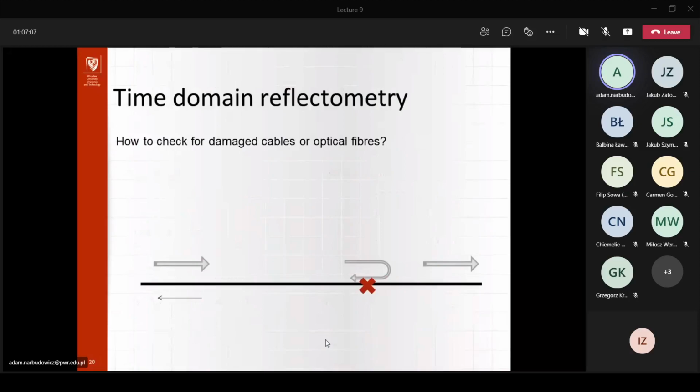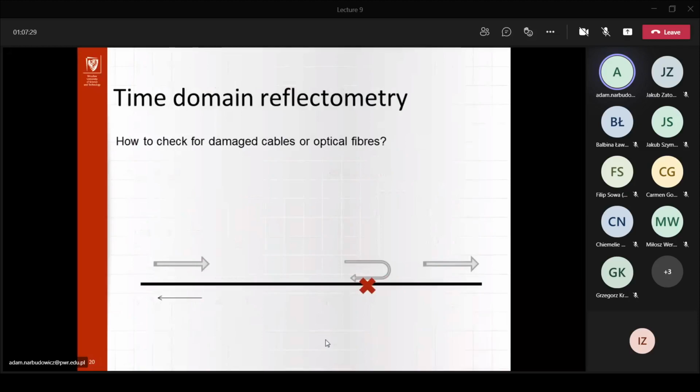Of course, in the case of optical fibers, we are sending a light pulse. In the case of the electric wire, we are sending a very short pulse along the cable.